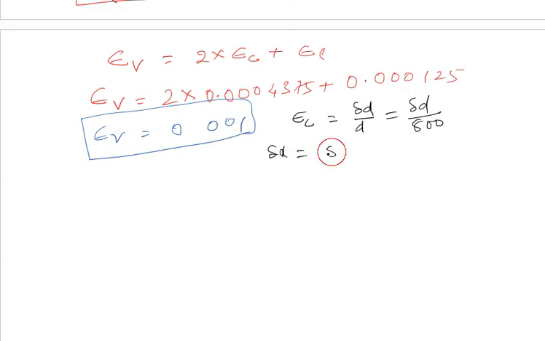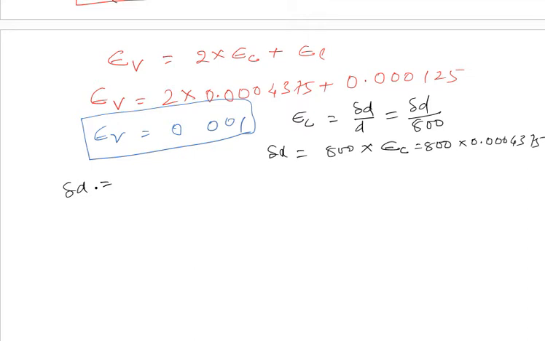Now delta D will be 800 into epsilon C, and the value of epsilon C is 0.0004375. Let's multiply 800 into 0.0004375.